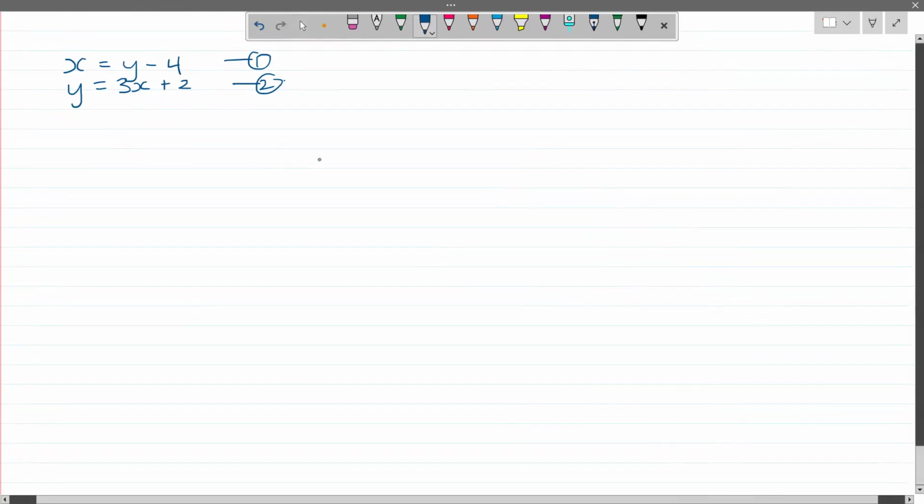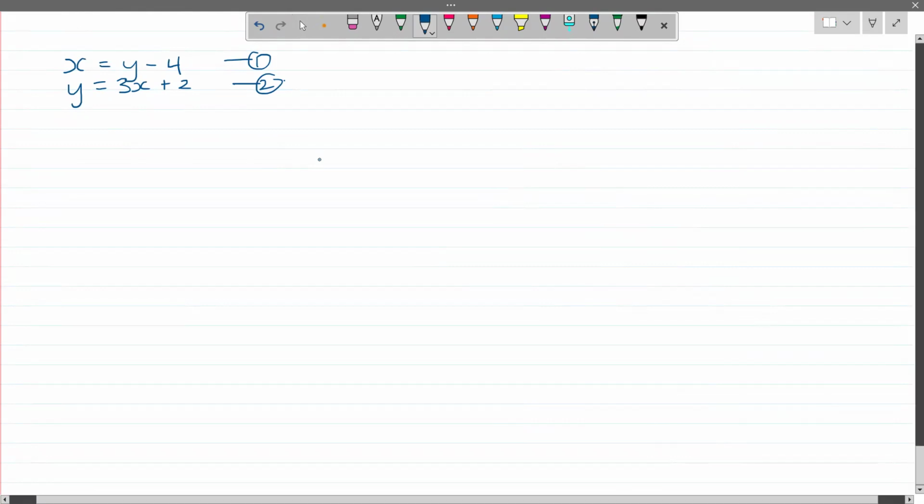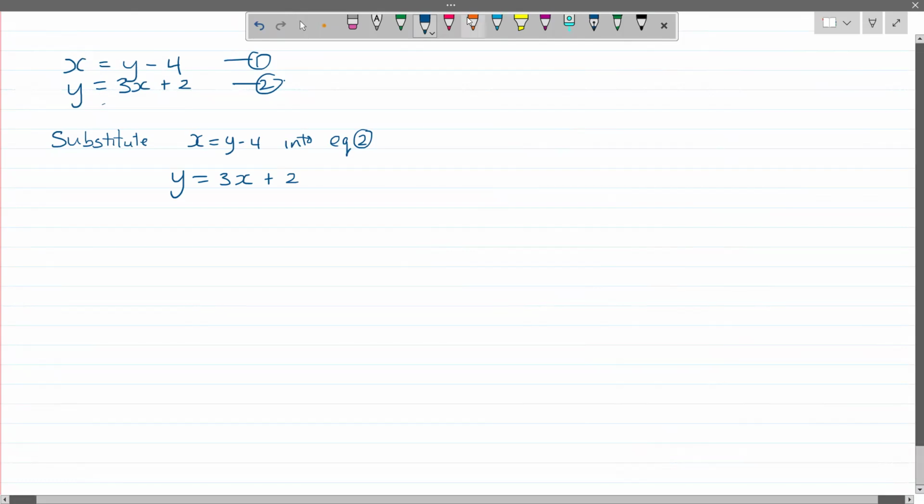So we could choose any one here, because I wrote it in such a way that you have x and y as the subject of the formula. So I could choose to say, well, all right, substitute x is equal to y minus 4 into equation 2. I will write equation 2, which is y is equal to 3x plus 2.